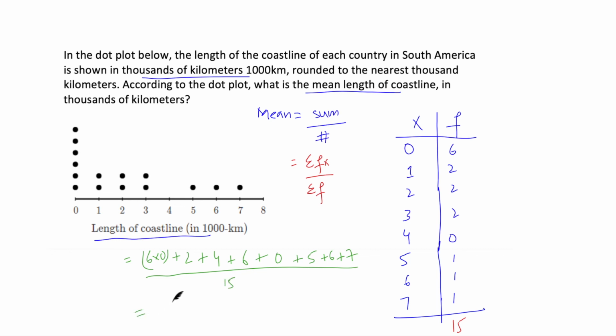Now do the basic math: 0, 2 plus 4 is 6, 6 plus 6 is 12, 12 plus 5 is 17, 17 plus 13 is 30. 30 divided by 15, our mean is 2. That's our answer, 2000 kilometers basically, but you will put 2 in the grid.